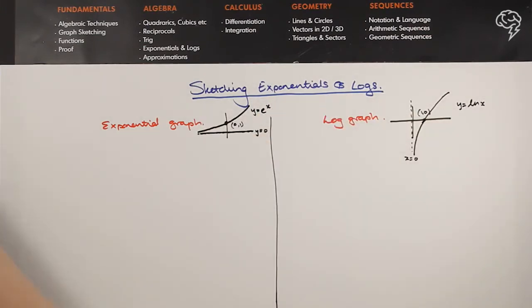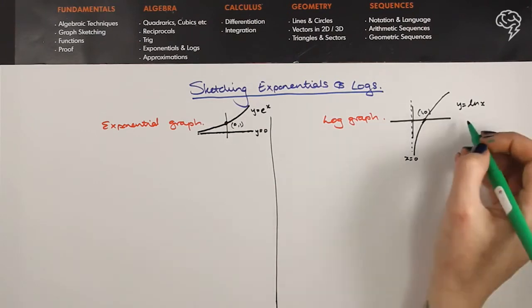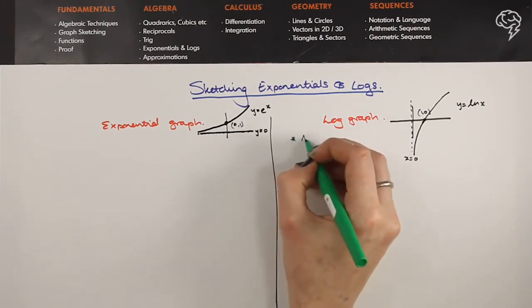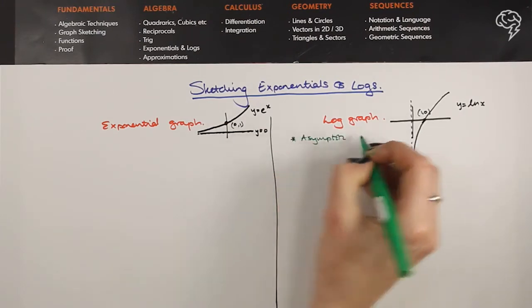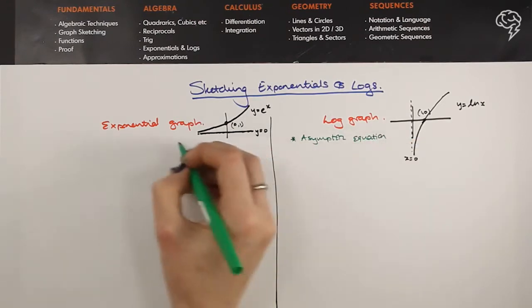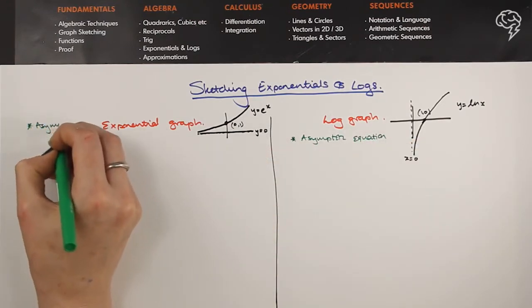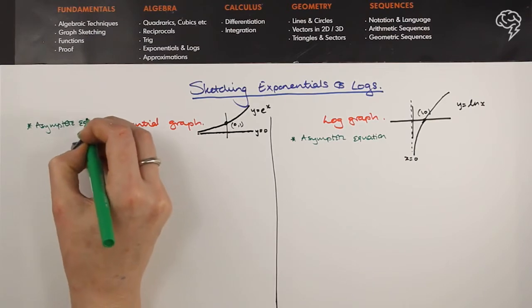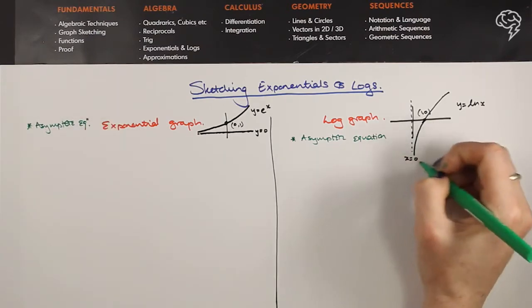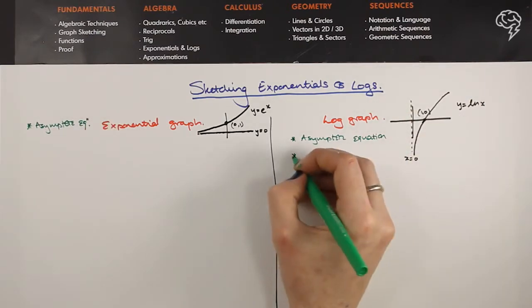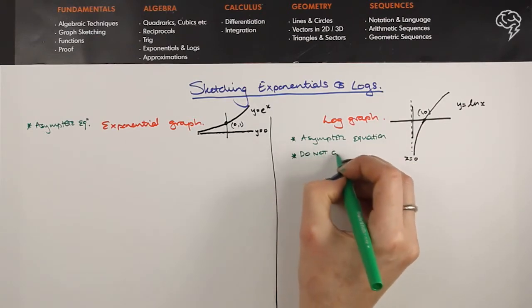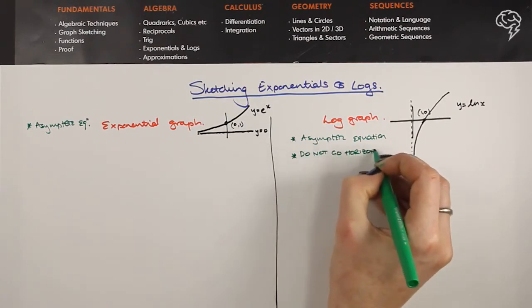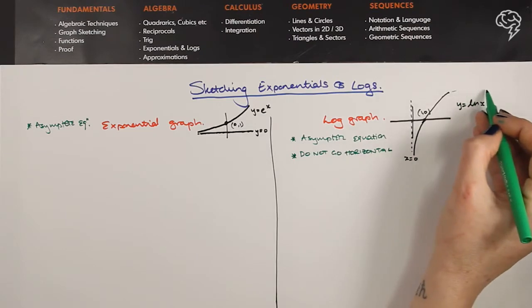the x. And the most important thing that I should point out at the moment, other than the asymptote, you do definitely need the asymptote equation on both of them. Put it here. The asymptote equation, not just naught, and draw it on. But the other thing is, do not go horizontal. It doesn't flatten out, okay?